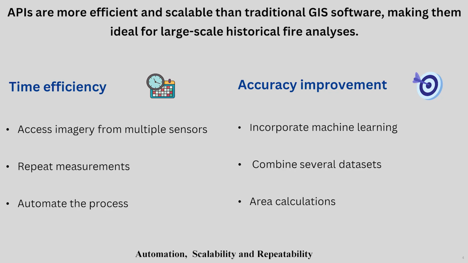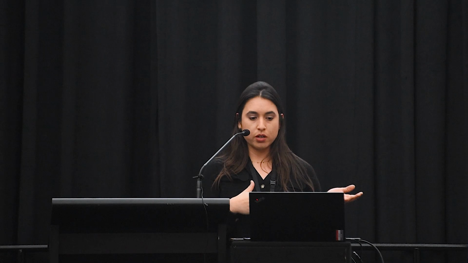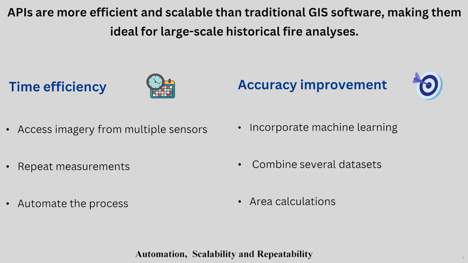It allows you to repeat the measurements, because you can create a model for a particular fire and then repeat it over as many fires as you would like, and automate the process so that you have minimal user intervention and save a lot of time as well. And also the use of APIs in this method allowed the incorporation of machine learning, which improved the training data set, and in this case improved the accuracy in mapping fire severity.